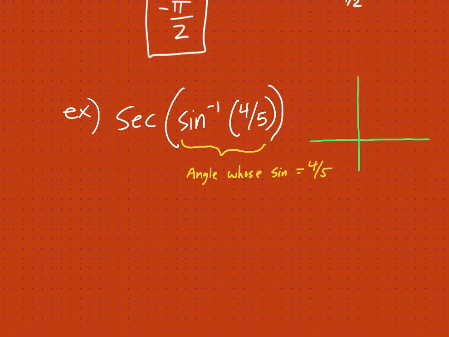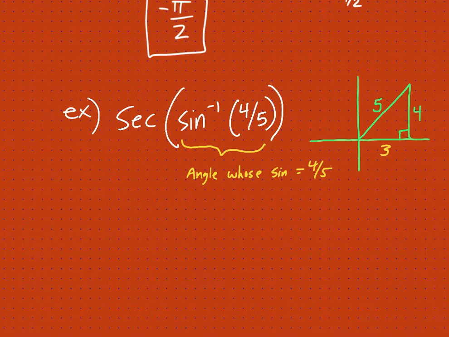I just want to go, see, this should look familiar. If your sine is 4/5, then your opposite is 4, your hypotenuse is 5, and your adjacent is 3 because it's a 3, 4, 5. So if I'm feeling nice, I'll give you a 3, 4, 5. If not, you'll have some square roots involved.